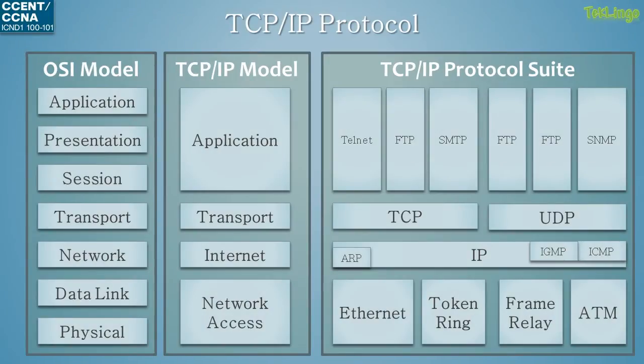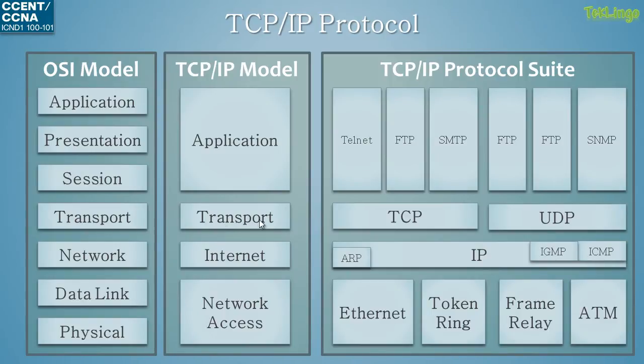So we need to understand the TCP/IP protocol. TCP/IP is not just one protocol, but it is a suite of protocols that makes network communication happen. In the network layer of the OSI model, or in the internet layer of the TCP/IP model, we have the IP layer, which is responsible for addressing packets to help them get from their source to destination.